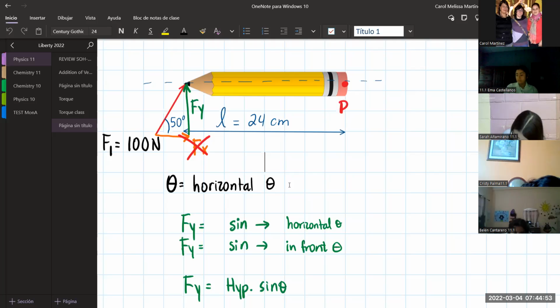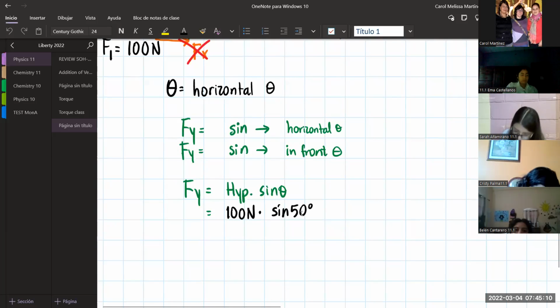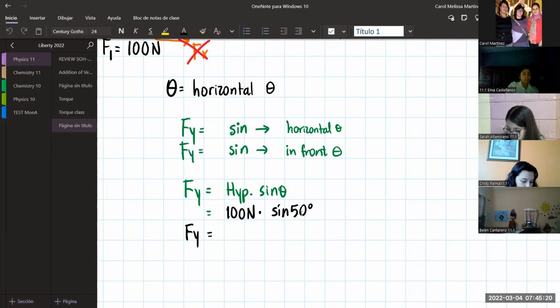We make substitution and we say 100 Newton sine of 50 degrees. Then Fy is equal to 76.60 Newtons.